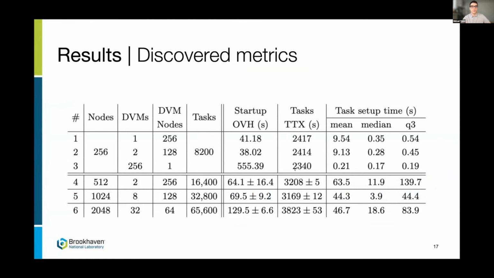It's about 2,400 seconds for all tasks, but for a higher number of nodes, that time increased, and this was due to the long task setup time within DVMs. On the right side, you can see this time with the mean, median, and quartile 3.